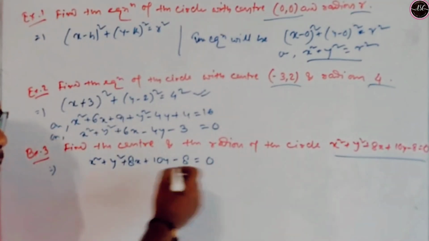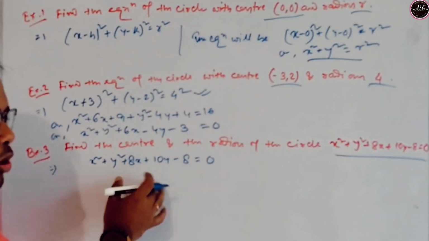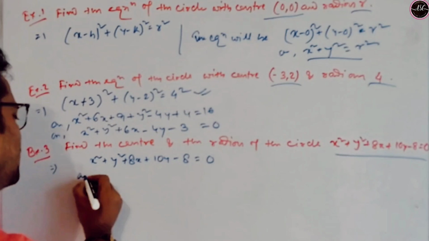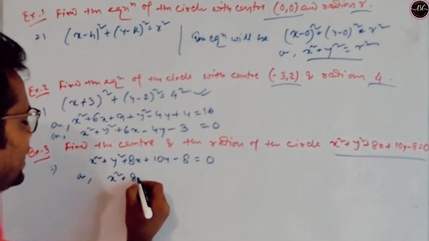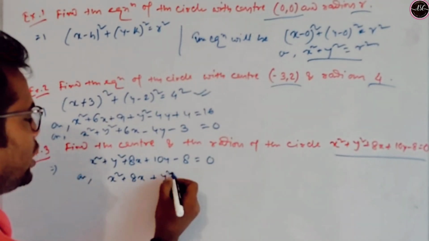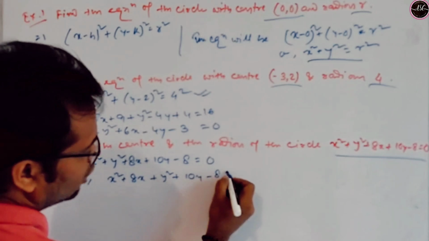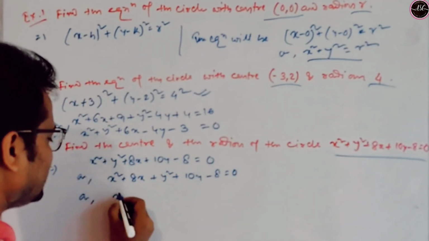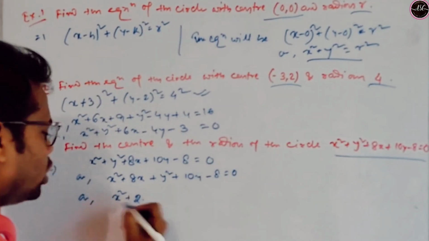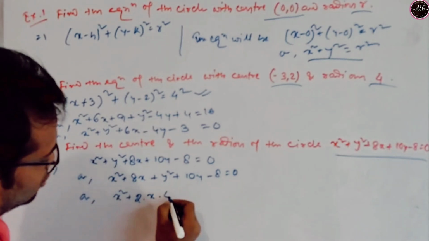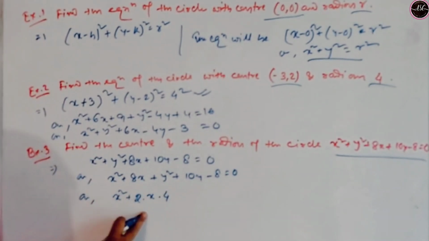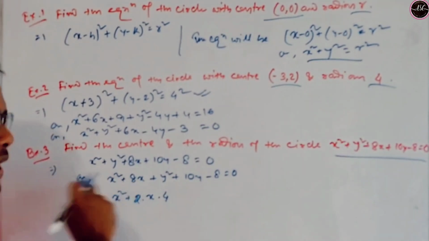So to change this form to square form, we have to apply like this, x square plus 8x plus y square plus 10y minus 8 equal to 0, or here x square plus 2 dot x dot 4. If we multiply with this 4, then that will be 8x.